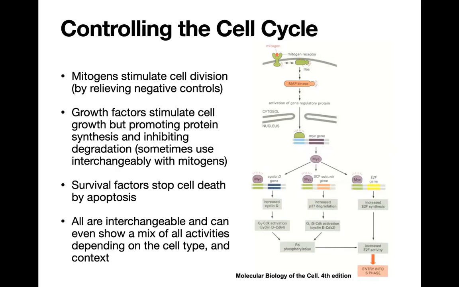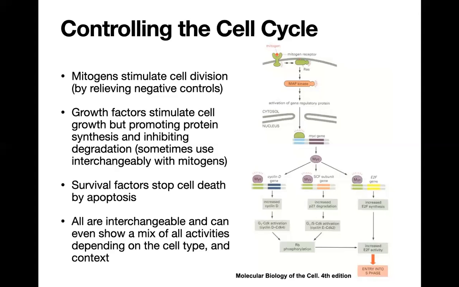Cell death by apoptosis is sometimes triggered when the cell is in an unfavorable environment, or when it senses a cue that tells it to undergo cell death. And survival factors enable the cell to bypass these apoptotic signals.